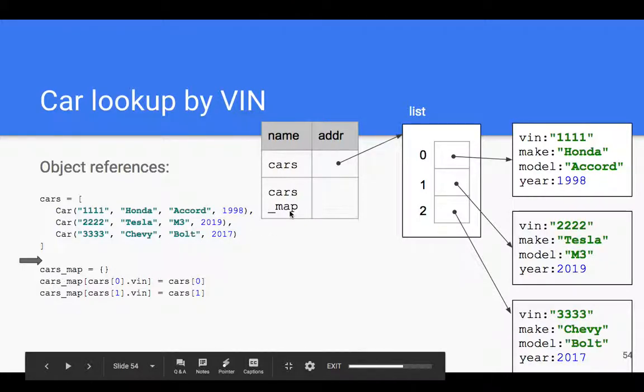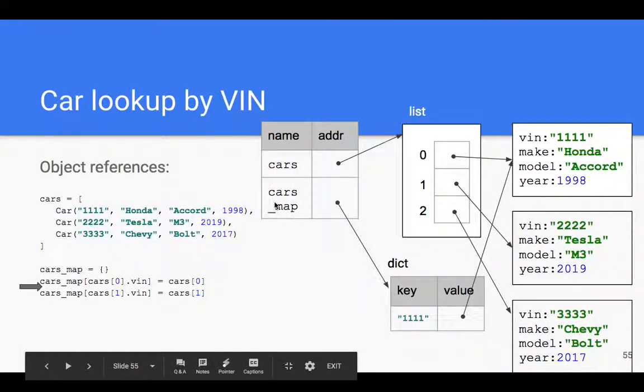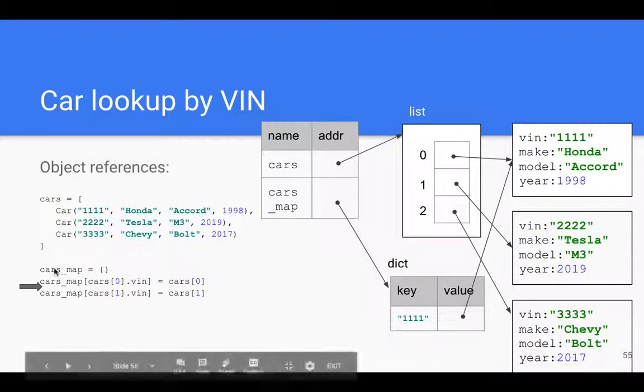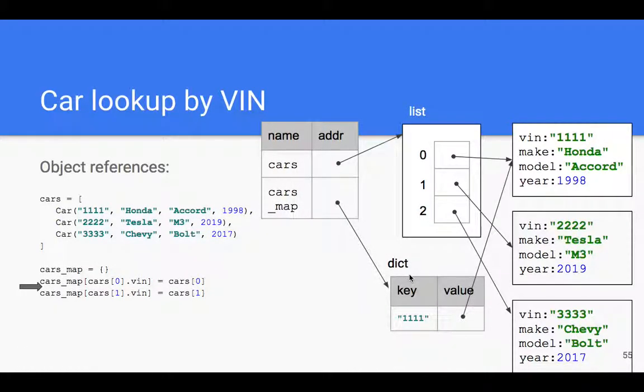Once we create an empty dictionary and come to this line, the first thing that happened is that cars map is now a name associated with the dictionary. And remember, a dictionary is just many key value pairs.